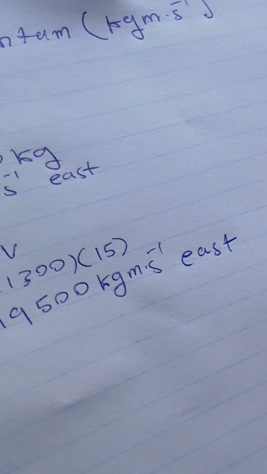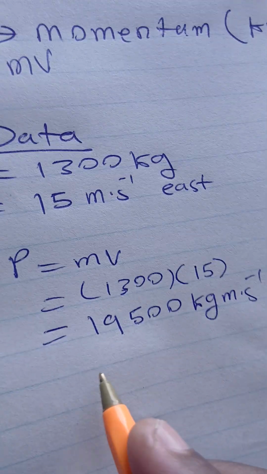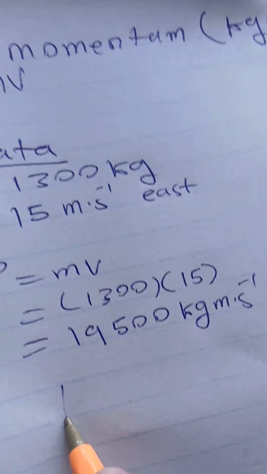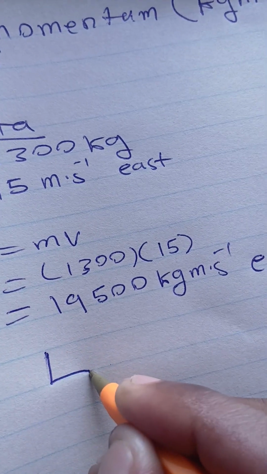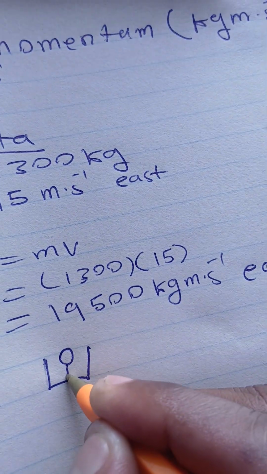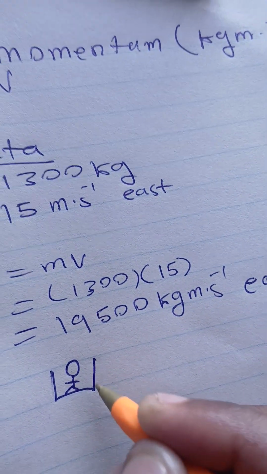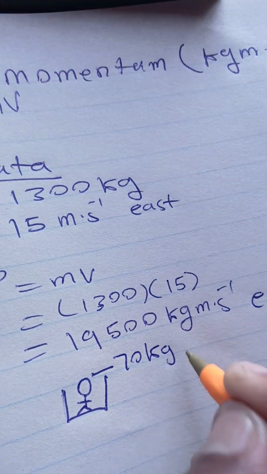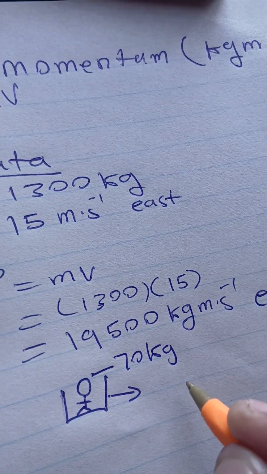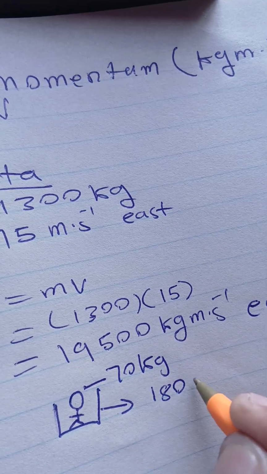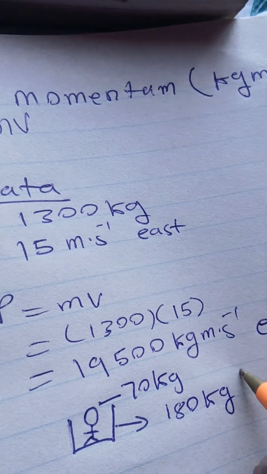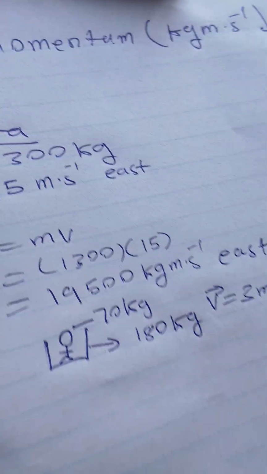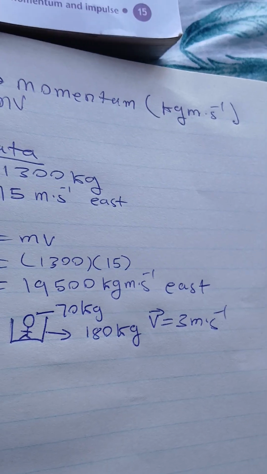Basically, this is your car, and there's a person inside the car. They tell you that this person has a mass of 70 kg and the car has a mass of 180 kg, and they are moving with a velocity of 3 meters per second.